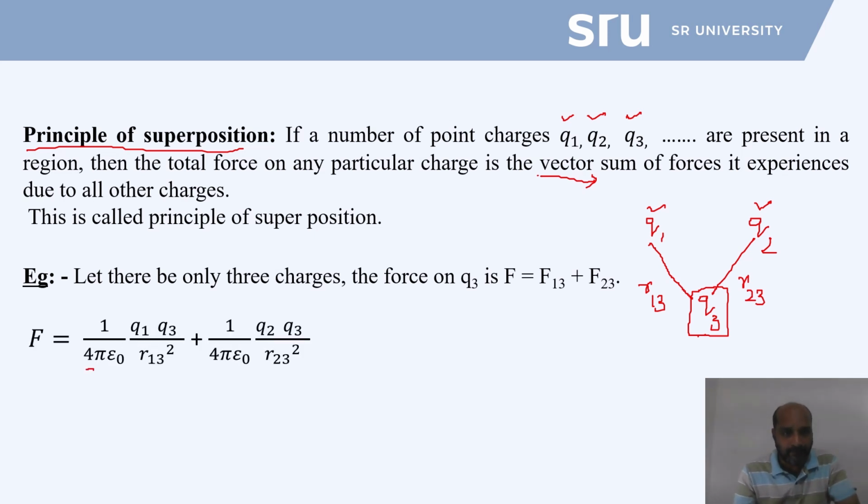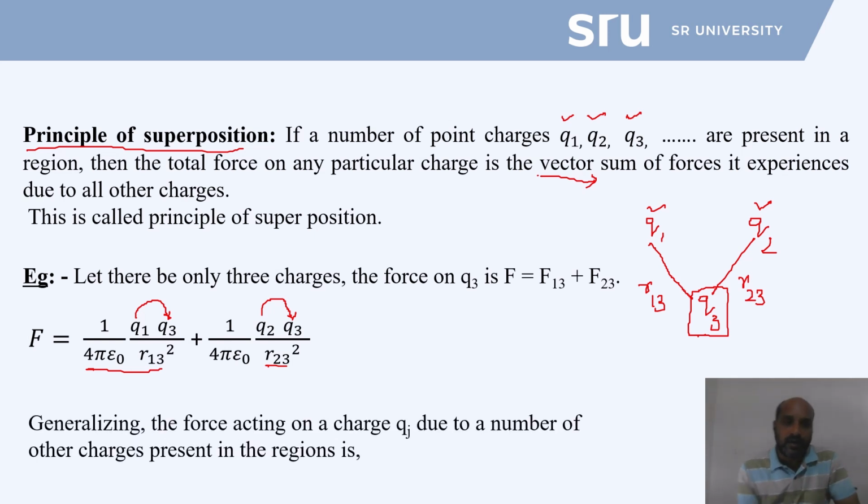So we write the equations individually and then we do the vector sum. This is the force due to Q1 on Q3, both separated by R13. And this is the force due to Q2 on Q3, both separated by R23. First we write that individually and then we vector sum up. But if the number of charges is 100, that equation will be very lengthy.